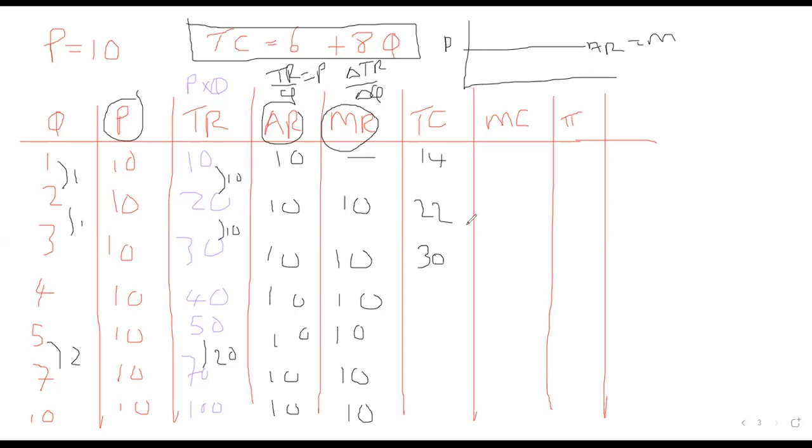So we discovered we're adding an 8 throughout. So when you put a 4 there, that is 32 plus 6, which is 38. We just keep adding an 8. You discover that it's a scalar increase there. When you put a 5 there, that is 40 plus 6, which is 46.